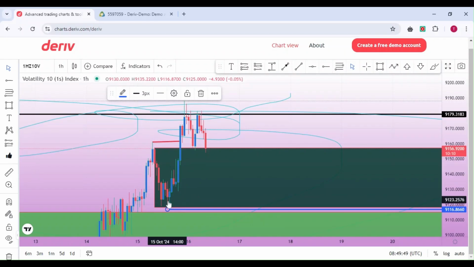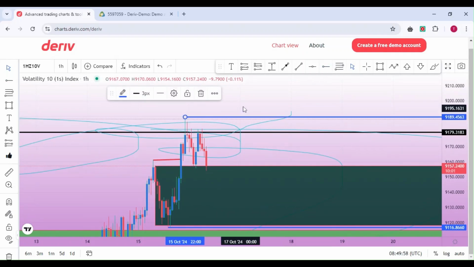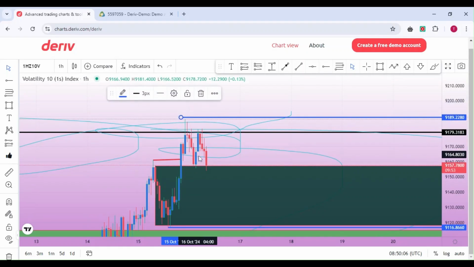So the market has created downwards, then up, and this one becomes our higher low, and then this becomes our higher high. So the market has moved down again, then has retraced up, and there is a break of structure here, guys, if you can note something.